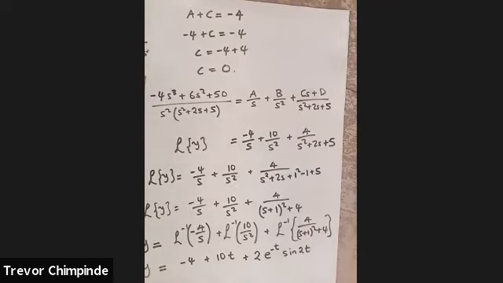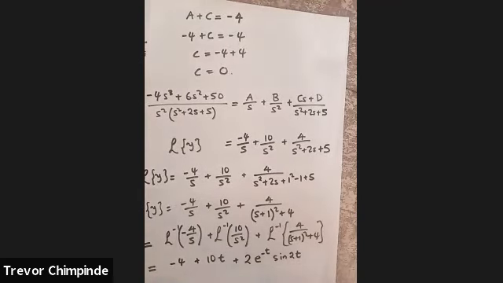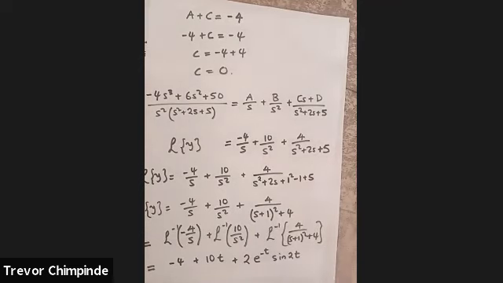Now you can easily find the inverse Laplace. For this one you just have to complete the square so that it looks like this, and then it's obvious. The inverse Laplace of -4 over s is just -4. The inverse Laplace transform of 10 over s squared is 10t. And the inverse Laplace transform of this is 2 e to the minus t sine 2t.